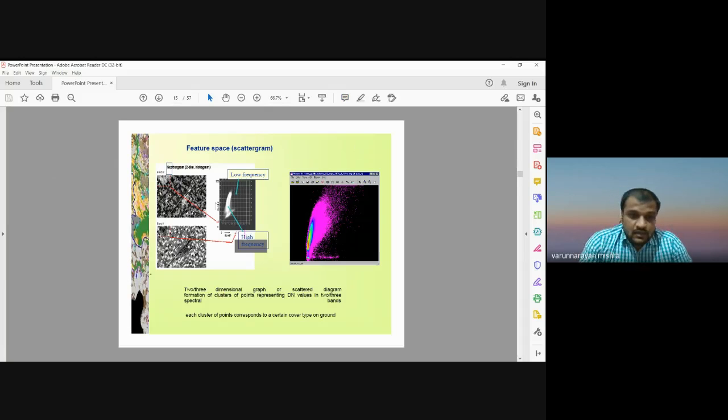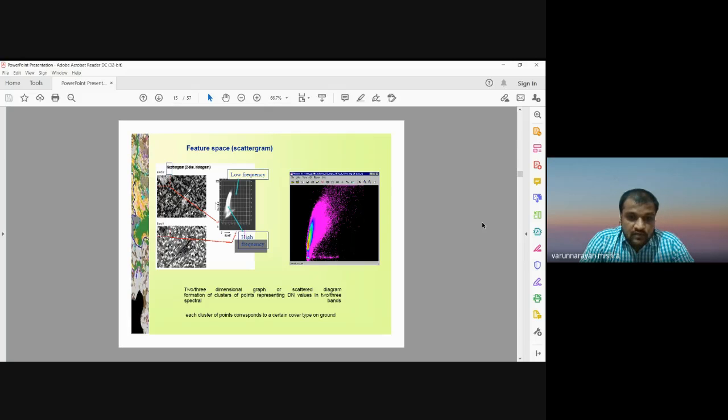Okay, this is another figure showing the feature space in terms of a scatterogram. We can also represent the feature space using the scatterogram facility, a scatterogram option available in this software. Band 1 and band 2 may have different kinds of pixel values. The 2 or 3-dimensional graph, or scatter diagram, shows the formation of clusters of points representing the DN values in 2 or 3 spectral bands.